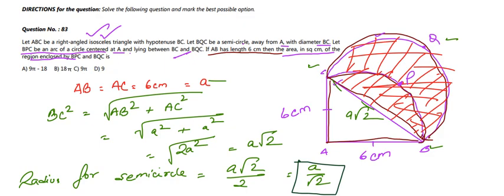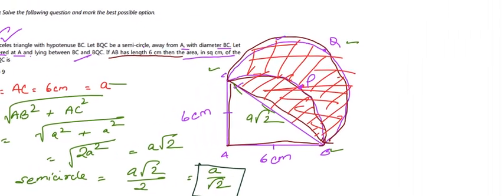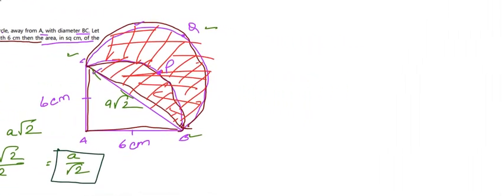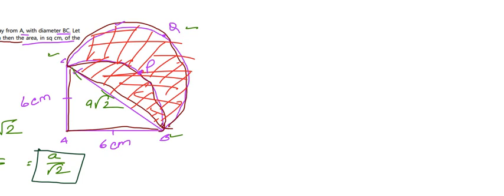Now let's proceed with the radius of the quarter circle, which is BPC. As I said earlier, this one is exactly a quadrant of a circle. Therefore here you can see that this is 6 centimeter, therefore the radius is 6 centimeter.